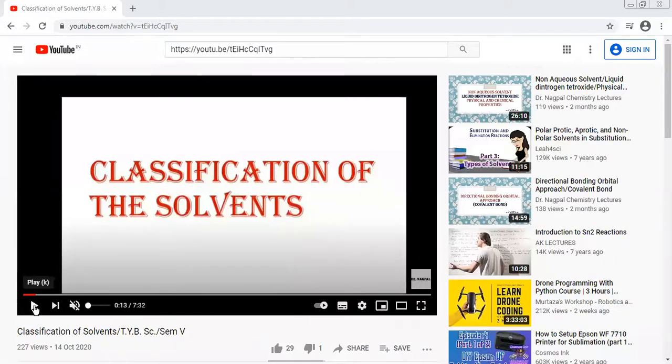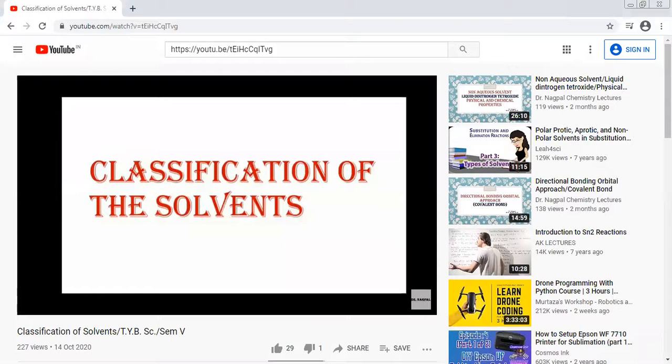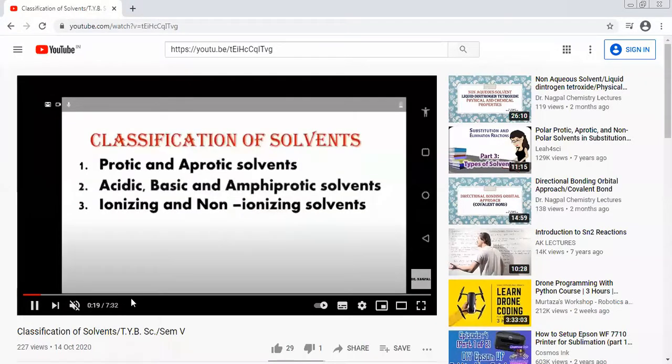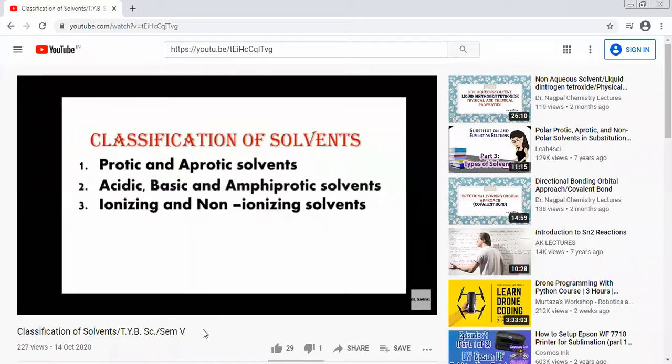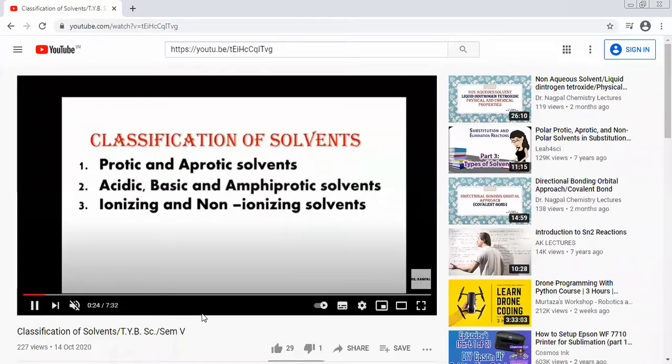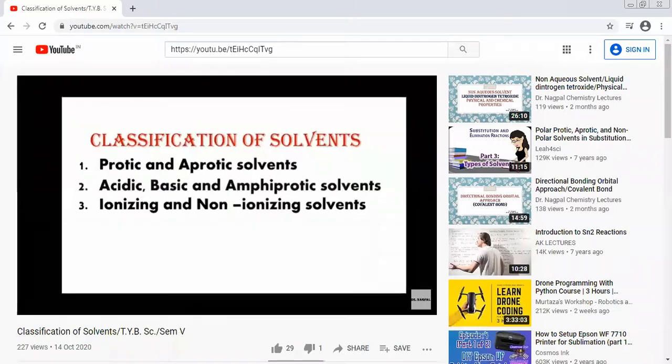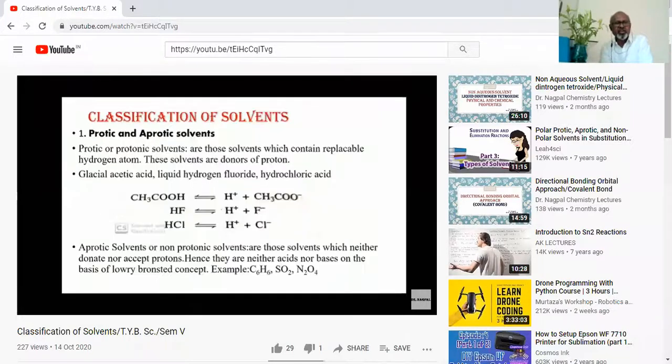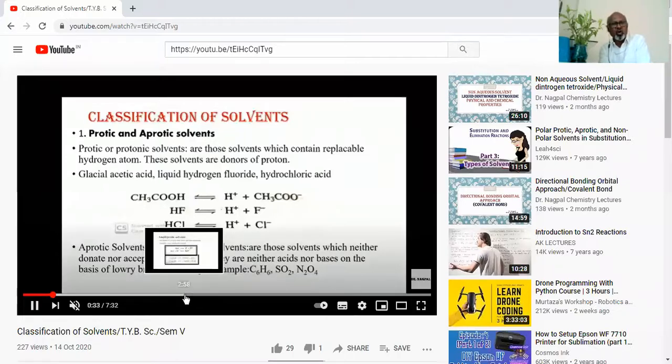Here, we see that the non-aqueous solvents are classified into different parts: first, protic and aprotic solvents; second, acidic, basic and amphiprotic solvents; and third, ionizing and non-ionizing.